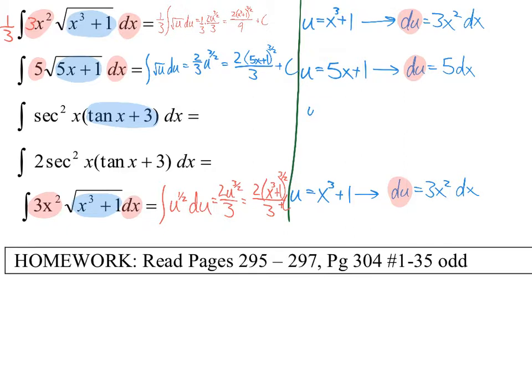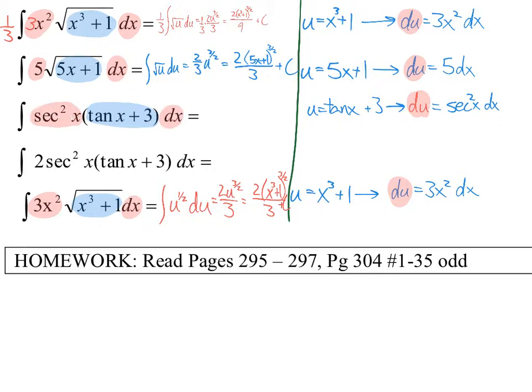If u is tangent x plus 3, that would make du, the derivative of that, times dx. What's the derivative of tangent? Secant squared. So that's going to work. Secant squared x, and what do you know? It works out. When we look at this, our du, there's secant squared x dx.